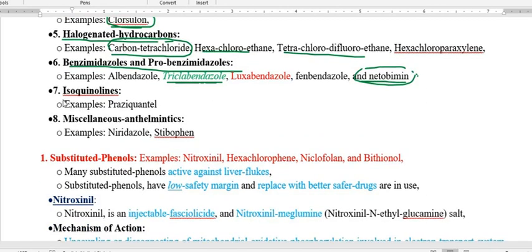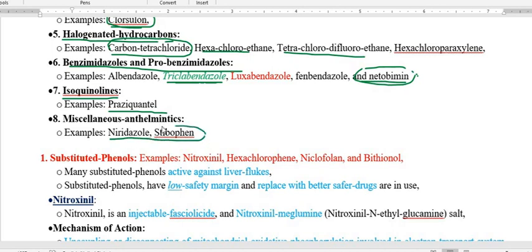Now we have to go through the isoquinolines. Under this, we already discussed it in the anticestodal, and the example is praziquantel. And the last one is the miscellaneous anthelmintics. Under this the examples are niridazole and stibophen.